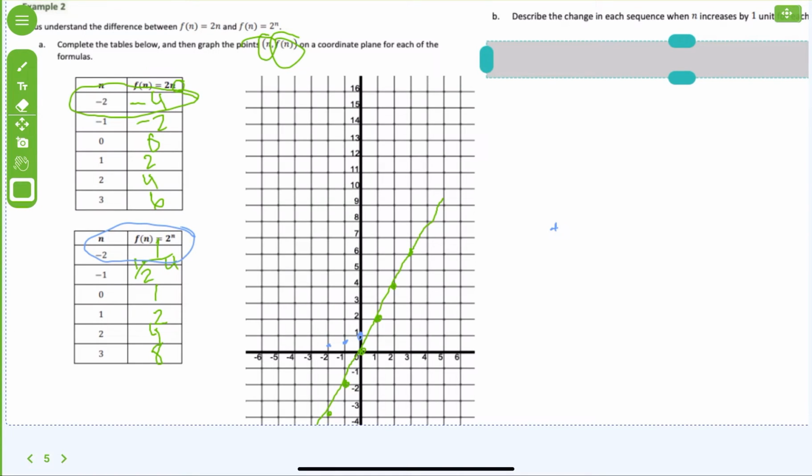And you can kind of see that we're starting to go up a lot quicker. Our slope's getting a lot more pronounced here. Okay. So now we have these two shapes.